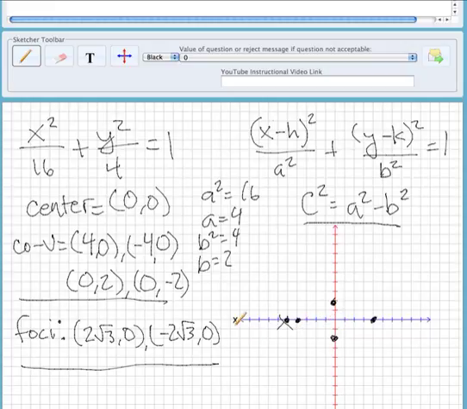And then 2 root 3 is actually going to be about right here. There's our foci, foci and foci, 1 and 2. And then our ellipse is going to look like this.